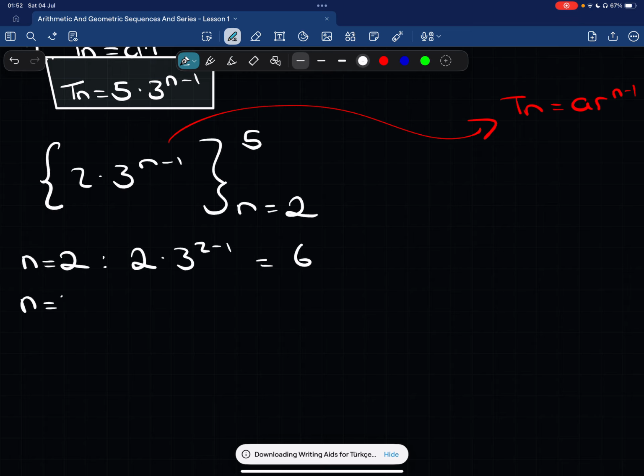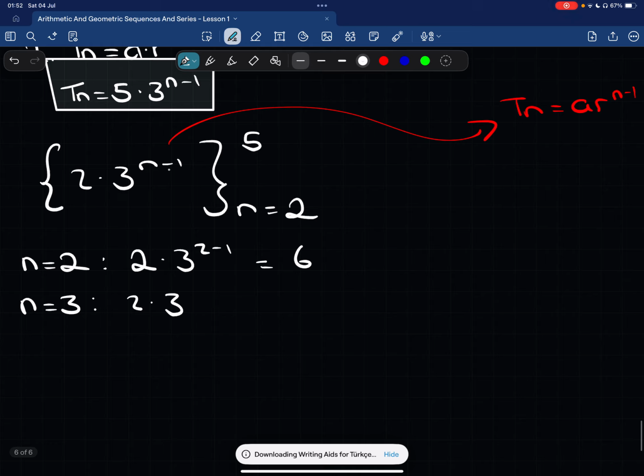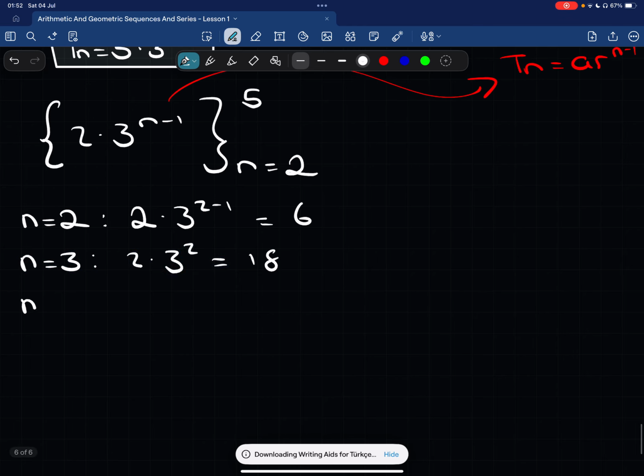When n is 3, then we have 2 multiplied by 3. We take this 3, we minus 1 from it because of our formula. So 3 minus 1 is 2, which is equal to 9. So 3 squared is 9, multiplied by 2 is 18. And we just continue that.